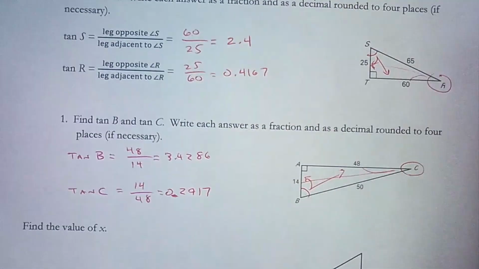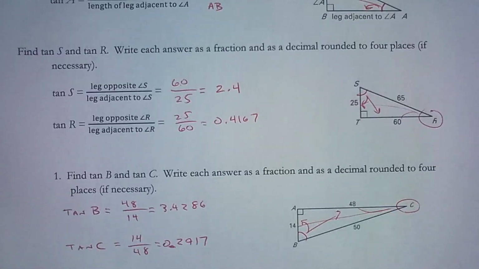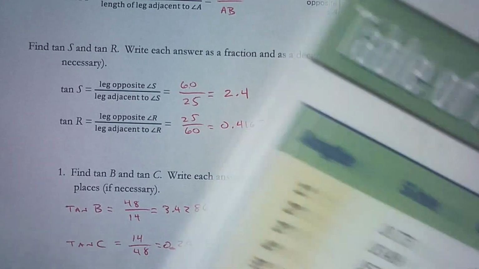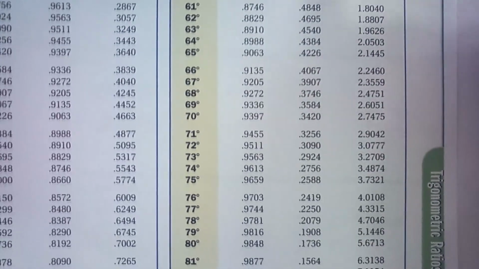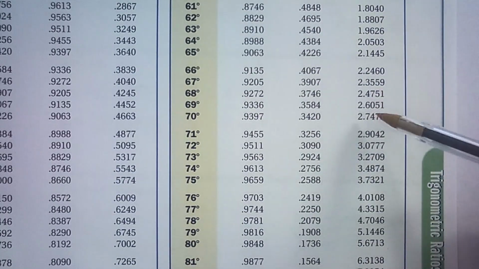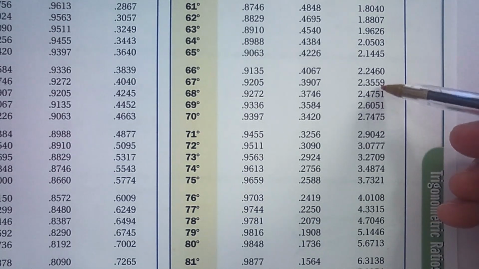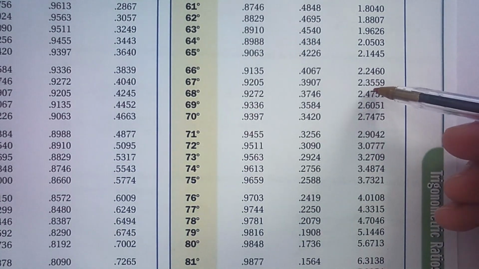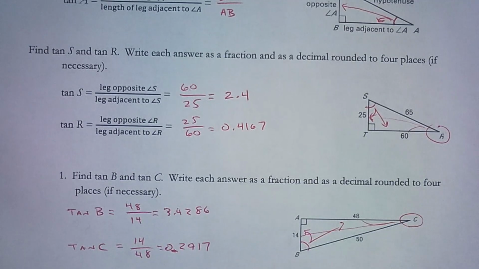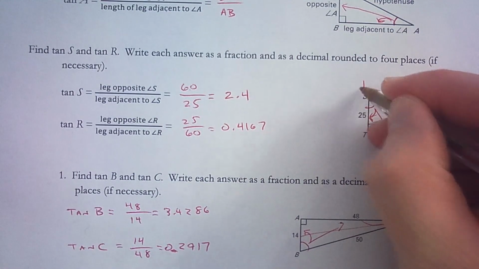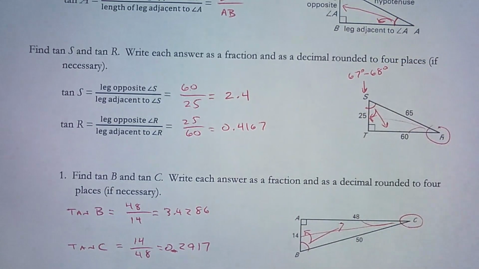Okay, now 2.4, back up there at tangent S. 2.4 in this tangent column is somewhere right in here between these two values, which means angle S is between 67 and 68 degrees. So this angle right here is somewhere between 67 degrees and 68 degrees.